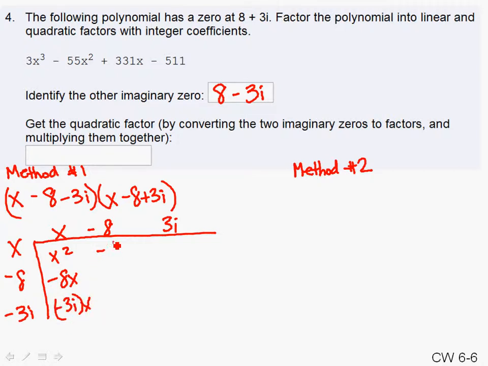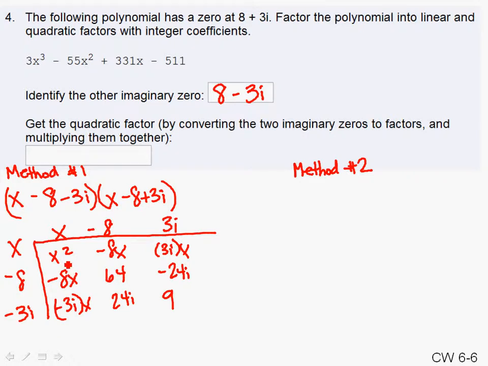We have negative 8x, positive 64, and positive 24i. Okay, we have 3i times x. We have negative 24i. And negative 3 times positive 3 is negative 9. I squared is a negative 1, so this is a positive 9.